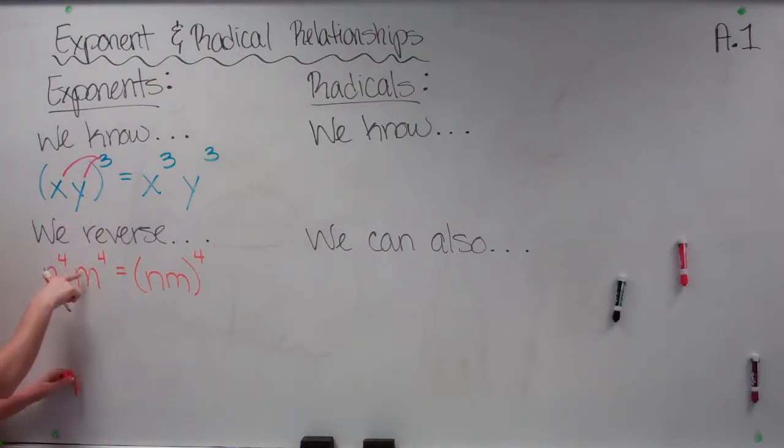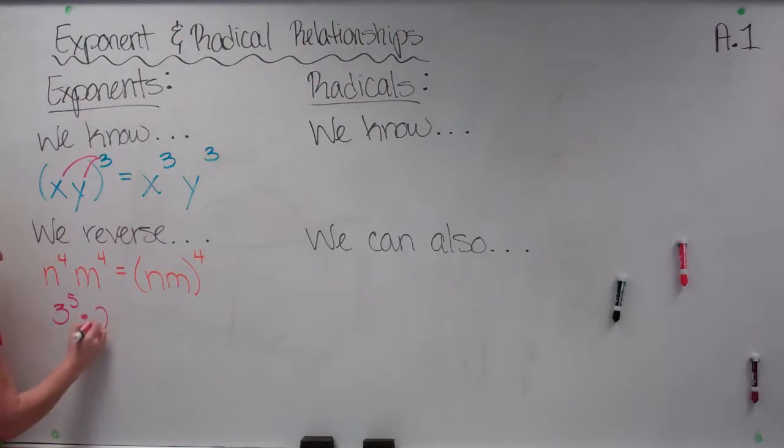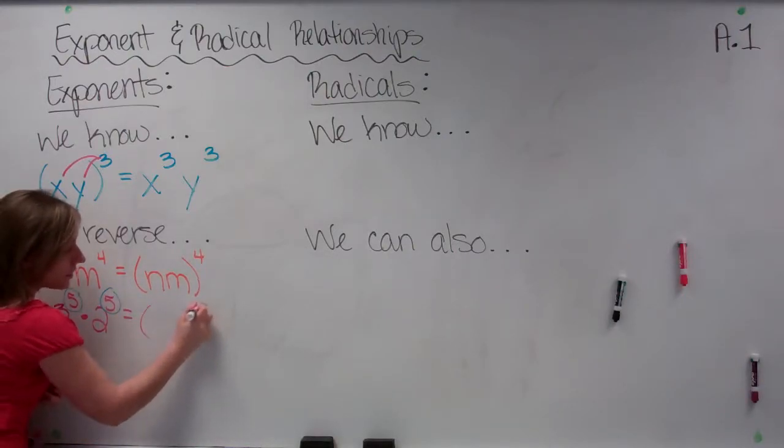So that's just the reverse, but it's actually more helpful if you have something with numbers in it instead. So let's say I have 3 to the fifth times 2 to the fifth. Well, if you notice, they both are to the fifth power right here. So that really means that it is this pair to the fifth power.